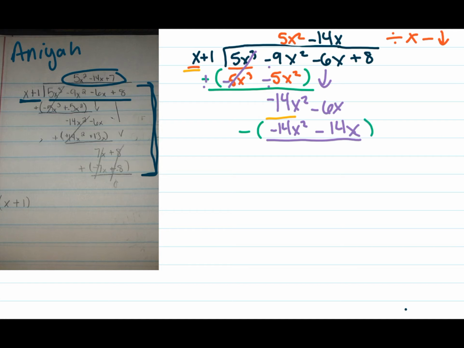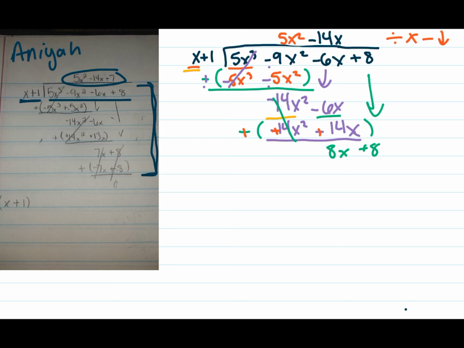Don't mind the noise in the background, that's just my dog. Alright, so we're going to change this subtraction problem to an addition problem so we don't make any mistakes. So when we do that, we change the signs in the parentheses to the opposite of whatever they currently are. So negative 14 plus 14 is 0. We know that should happen. Negative 6x plus 14x will give us 8x, and then we drop down our plus 8. Alright, so we did the divide, multiply, subtract, drop it down, and start again.